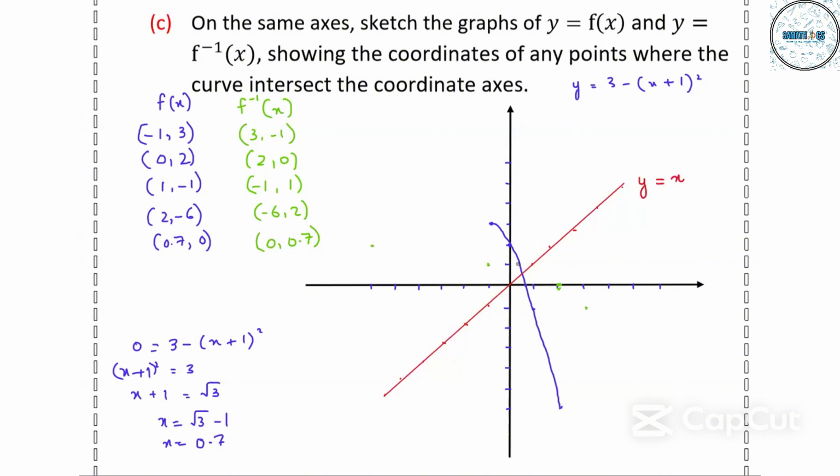And 0, 0.7 is almost over here. Now we'll sketch the graph passing through these points. So this is the graph of f inverse of x. This is the graph of f(x).